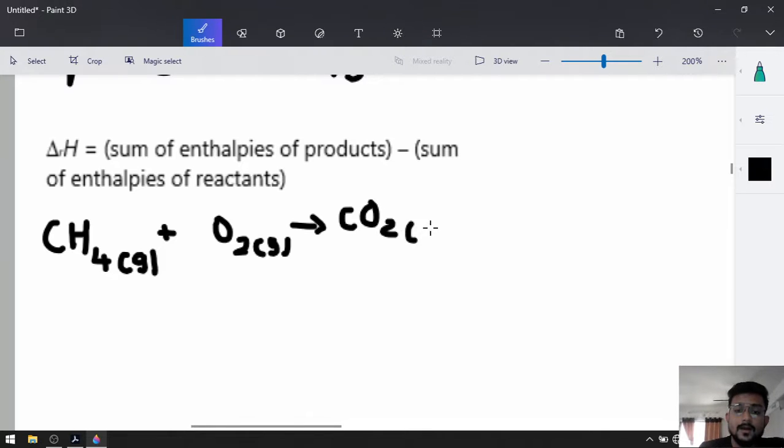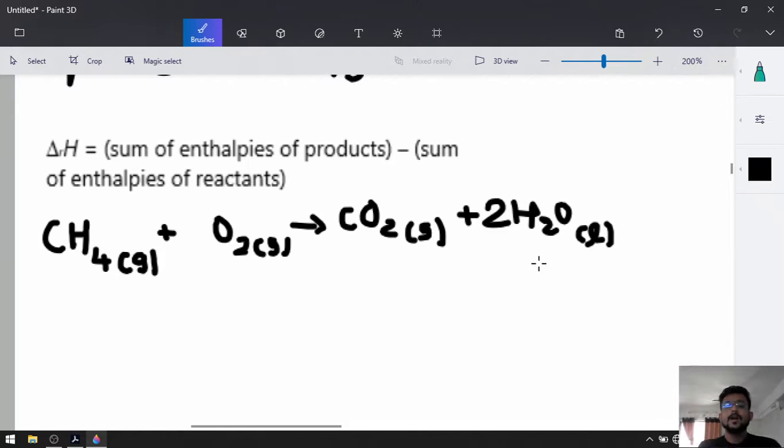And 4 hydrogens are there, so half of that will be converted into H2O, giving 2 H2O, in a liquid state. Now, let us balance this reaction. 2 plus 2, 4 oxygens, that is why 2 O2. In this reaction, CO2 and H2O are the products, whereas CH4 and O2 are the reactants, right?